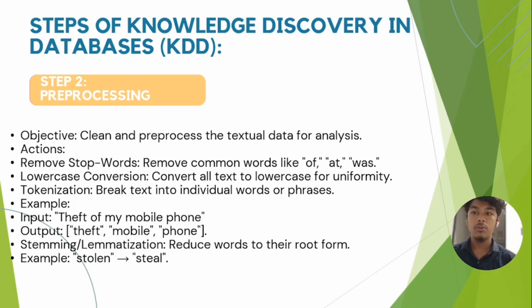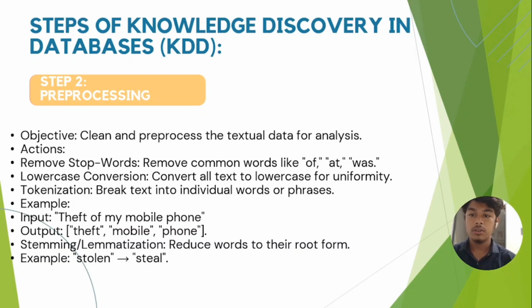Now, step 2, pre-processing. Clean and pre-process the textual data for analysis. In this step, we are cleaning the text data. We remove stop words like or, it, was, and convert all the complaint text to lowercase.